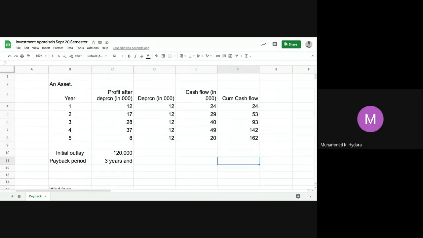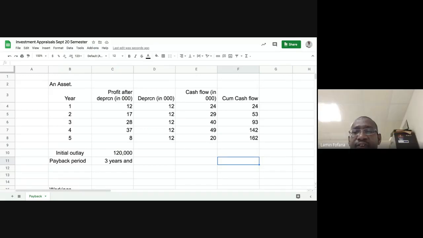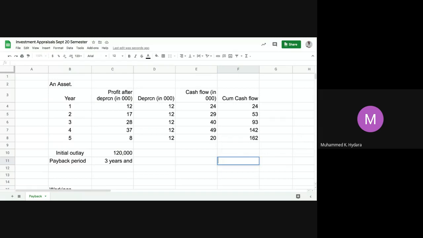Then all over the 4th year's cash flow, that is 49. Then we multiply by the number of months in a year. I think the 4th year cash flow is 142. Yeah, and that is the cumulative. I'm talking about the cash flow itself.